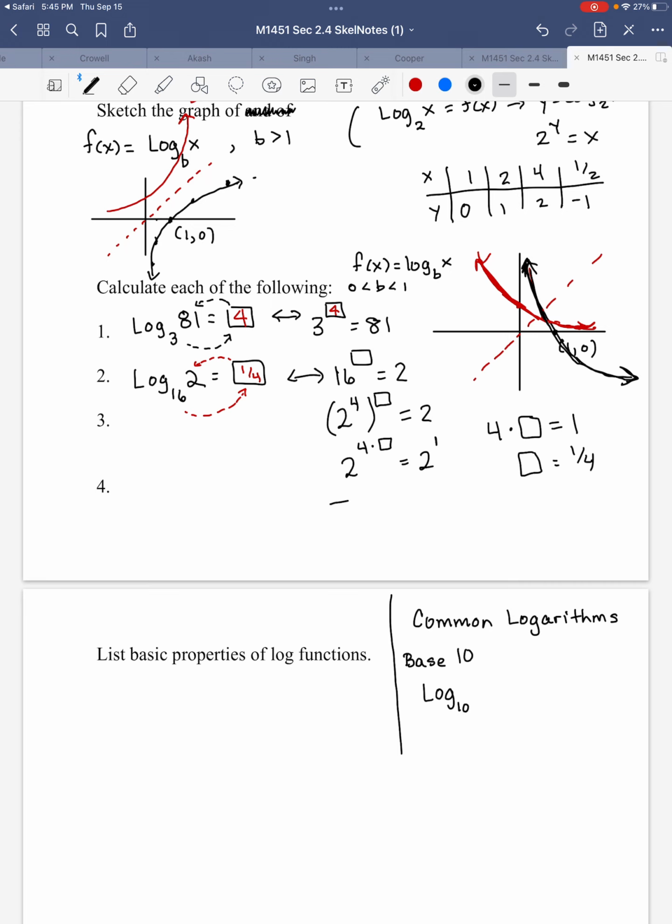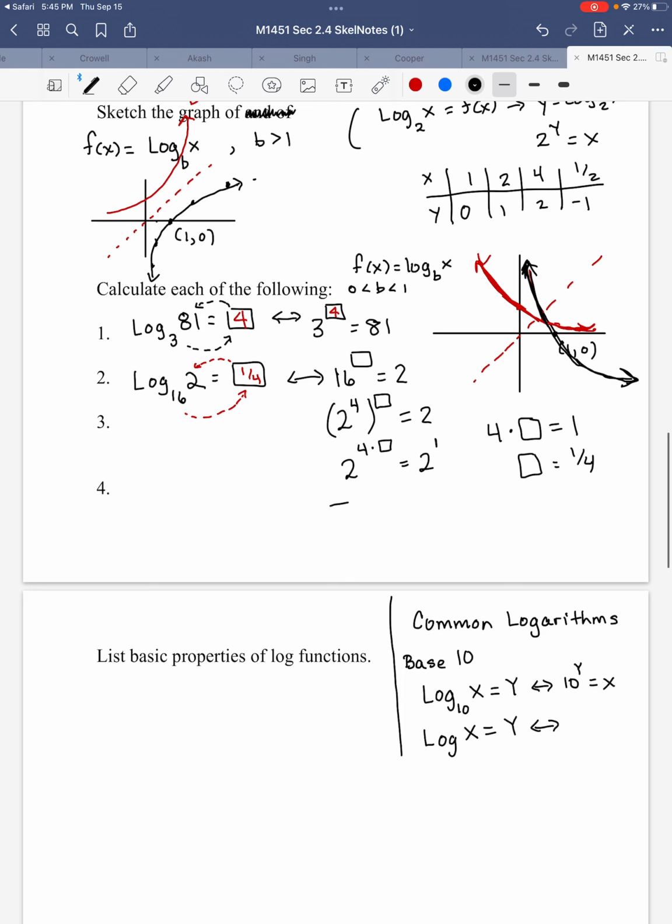The logarithm base 10 of a number x is an exponent y if and only if 10 to the y gives us x. But we never write the 10 when we talk about logarithm base 10. We instead just write the word log. So when you see that sentence, log of x is equal to y, that means find that number, y, that goes on 10 to give us the x.